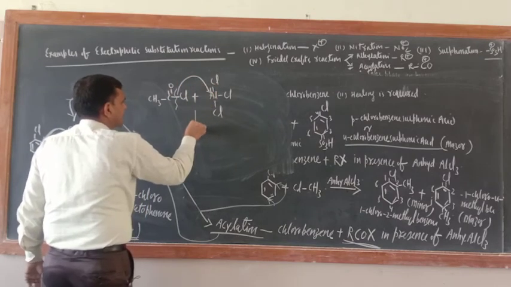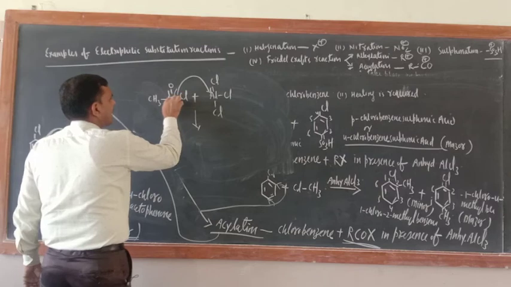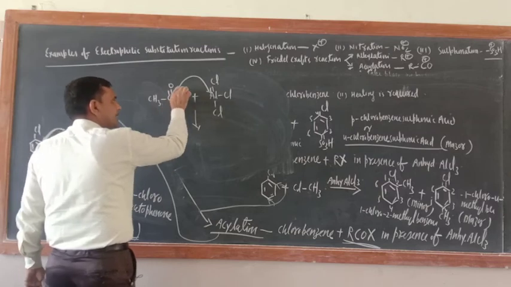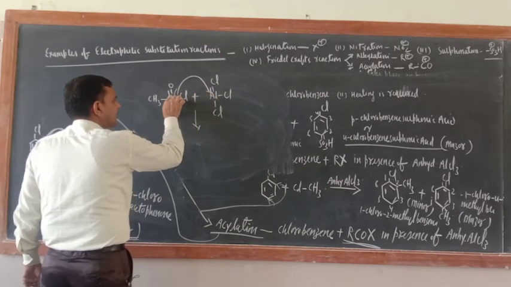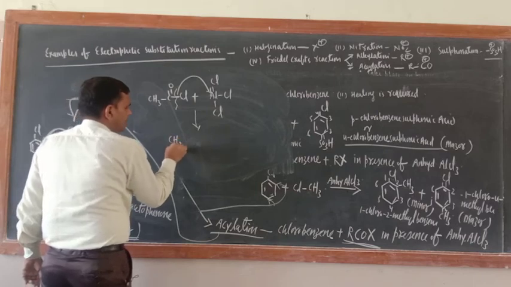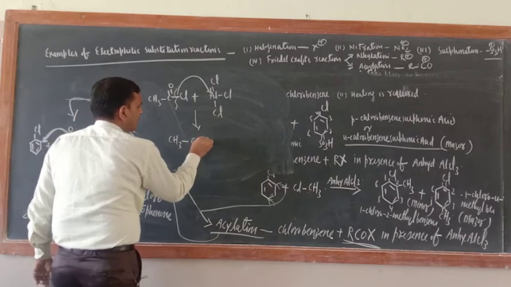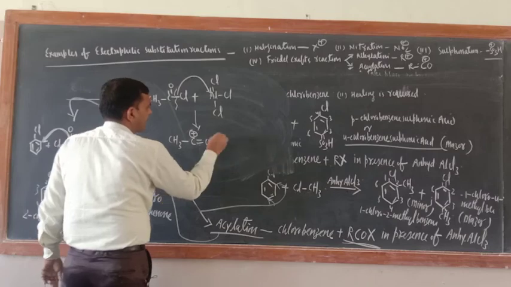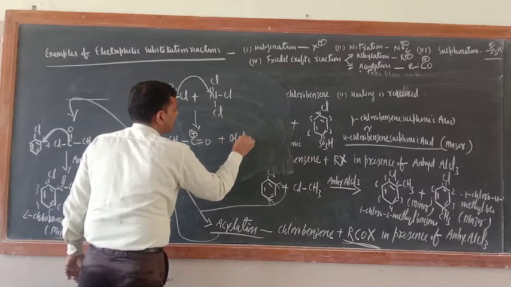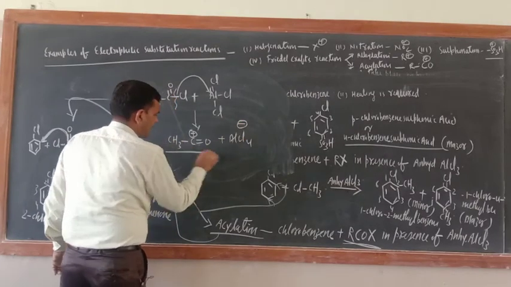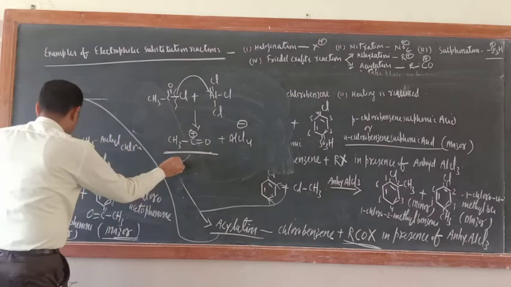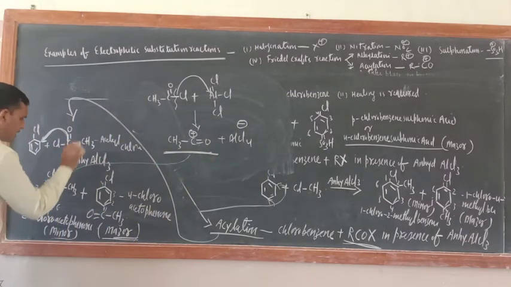So this is CH3C double bond O with a positive sign, plus AlCl4 negative. This is the electrophile and this is what attacks here.